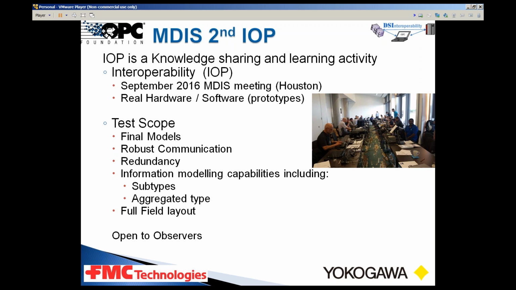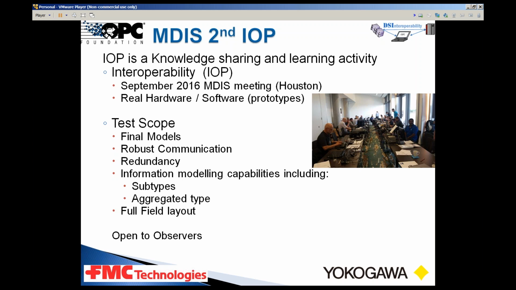And the other big thing about this is it's going to be open for observers, so other people can come watch and see and learn about what the MDIS is. And shortly after this IOP, we plan on formally releasing the specification. It'll be a release candidate much before that. Actually, probably sometime in the next few months, it'll go to a release candidate.